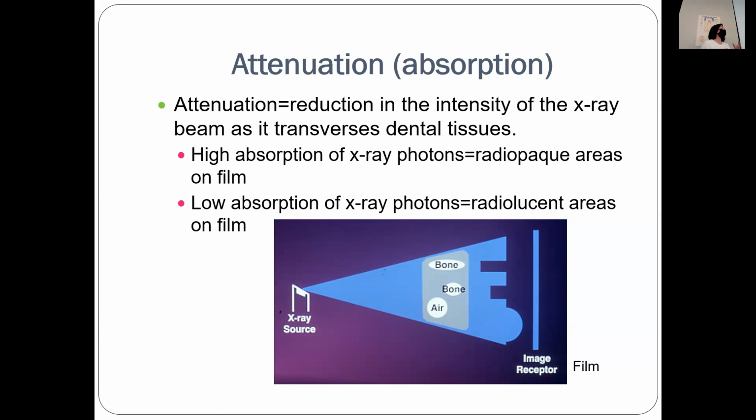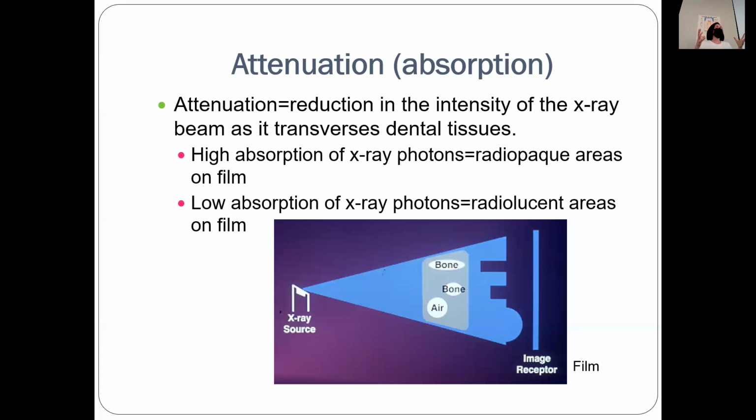More attenuation happens in the enamel than the dentin, because enamel is brighter. More X-ray photons are absorbed in the enamel, therefore the enamel looks whiter or lighter gray. It doesn't look white, but it looks lighter gray than the pulp or the dentin.